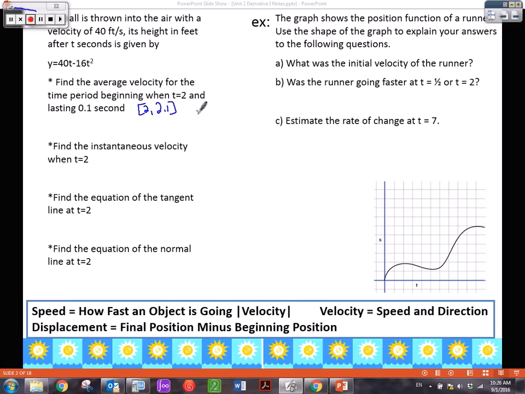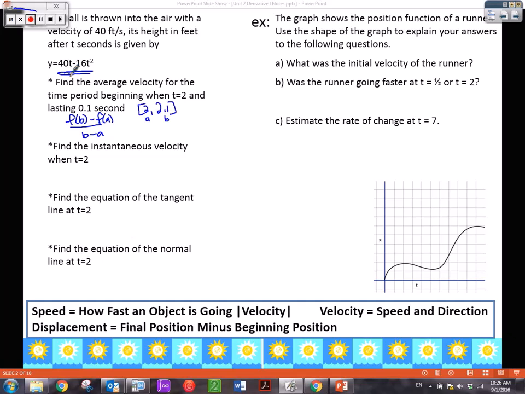And to find the average velocity, we're going to be using that formula that we just looked at, f of b minus f of a over b minus a. So this would be a and this would be b. We would simply take these numbers and substitute them in to find f of a and f of b, which I did. I'm not going to go through the arithmetic, but I did that.